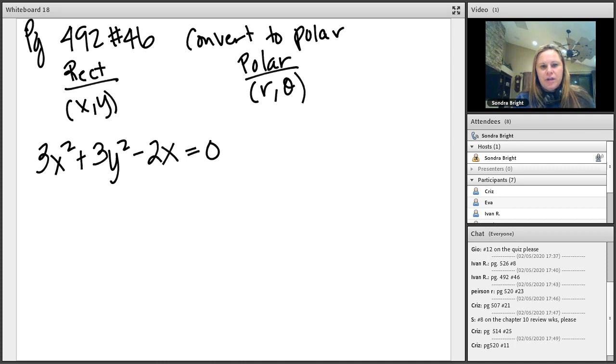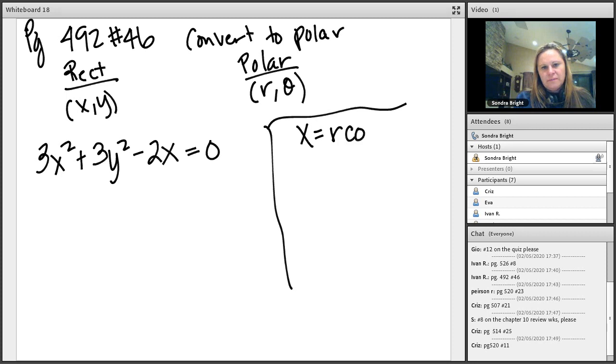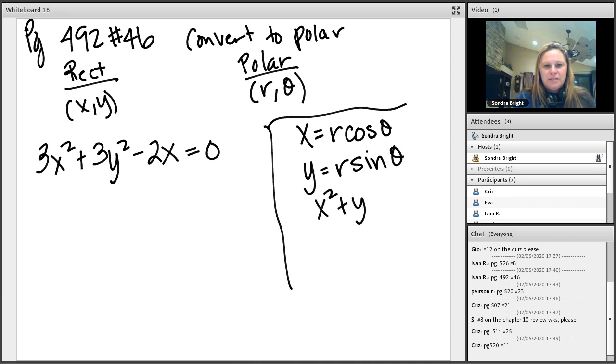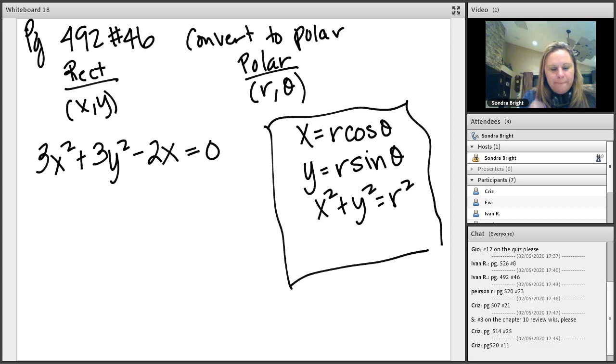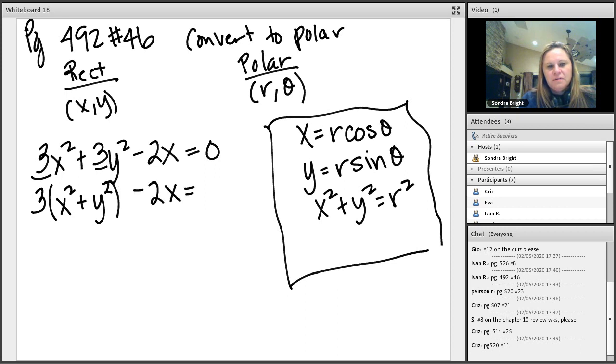All right, so what you're going to use to convert are these three things. X is equal to r times cosine of theta. Y is equal to r times sine of theta. And x squared plus y squared is r squared. That's what you're going to use to convert between these guys. So since these two have the same coefficient, I'm going to factor out that 3 just out of the first two terms, because then I've got an x squared plus y squared, right?